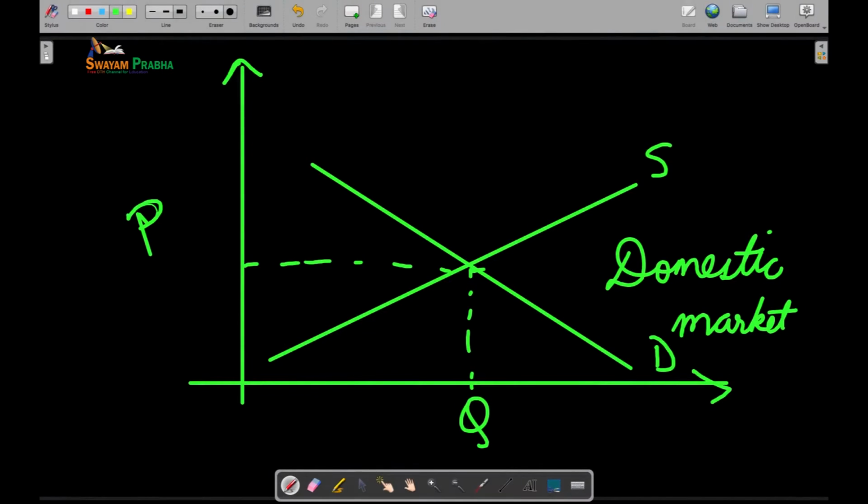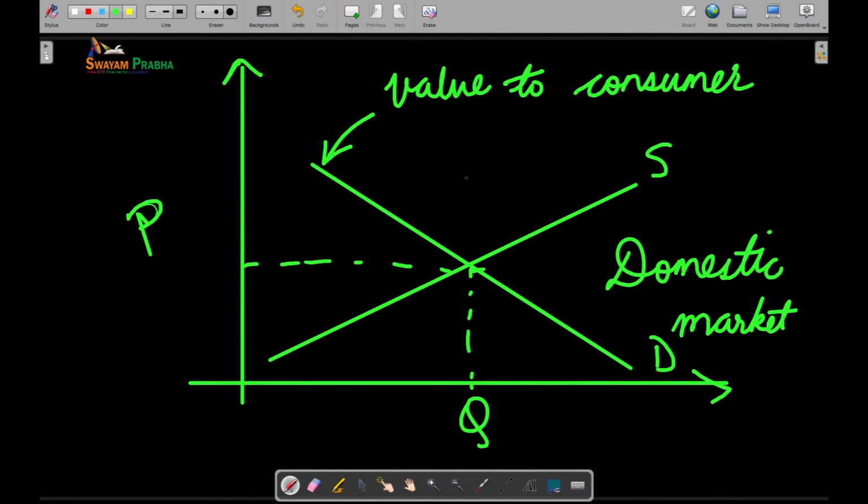The demand curve tells the value that people are putting, the value to the consumer, and the supply curve is an indication of the cost to the producer. Now, it is possible that in the international market, the value to the consumer may be different and the cost to the producer may be different because we are now talking about a very large number of producers and consumers.